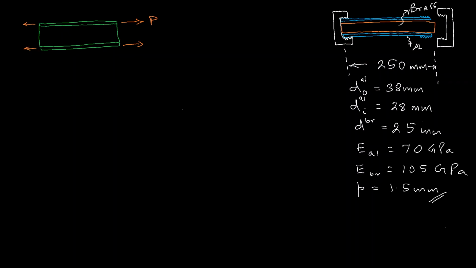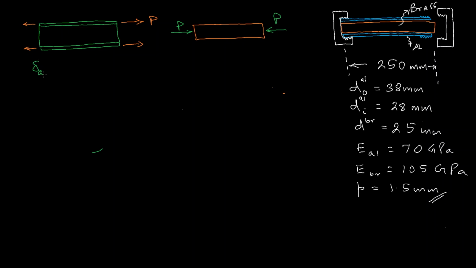Suppose this is P. Then on the inner cylinder, that is the brass cylinder, the same amount of compressive force will be acting, because there are no other external loads. That's how the forces will be balanced.